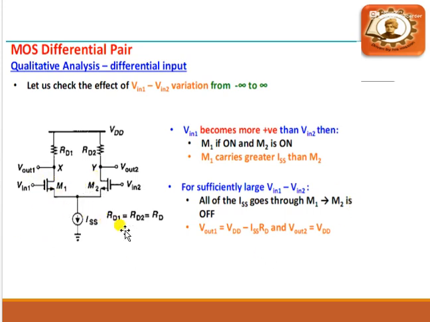For sufficiently large VIN1 and VIN2, all the ISS goes through M1 and M2 is off. So Vout1 in this case equals VDD minus ISS into RD, and Vout2 will be equal to VDD. So there will be some switching of the MOS from M1 to M2 under this condition.